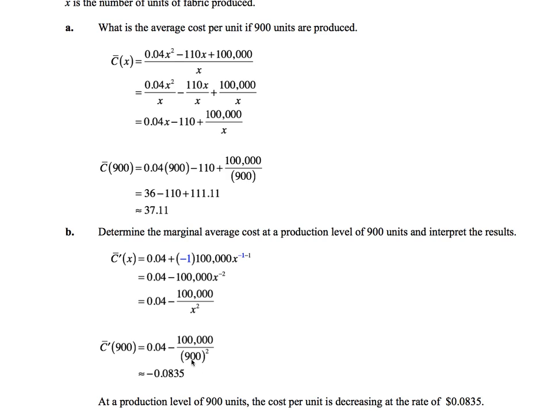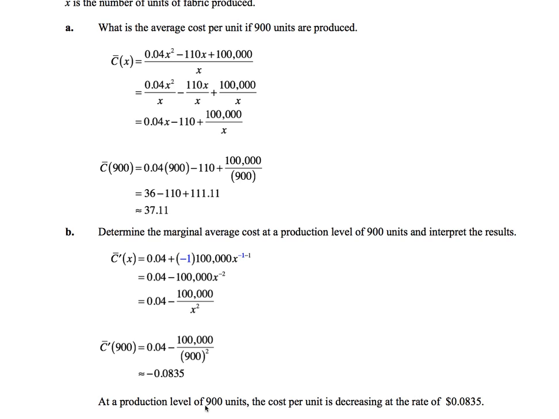So that's a 900 down here squared. We have 0.04 minus 100,000 divided by 900 squared, and that comes out to approximately negative 0.0835. And there's more digits, but I rounded it here to 3 significant digits.